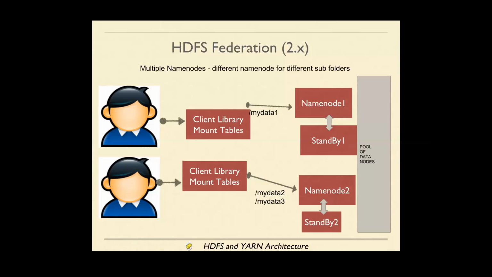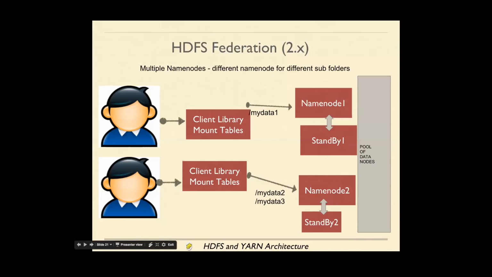Federation was needed when one name node was not sufficient. The memory was overflowing. Therefore, it makes sense to keep the two name nodes on two different physical machines. Very good questions.